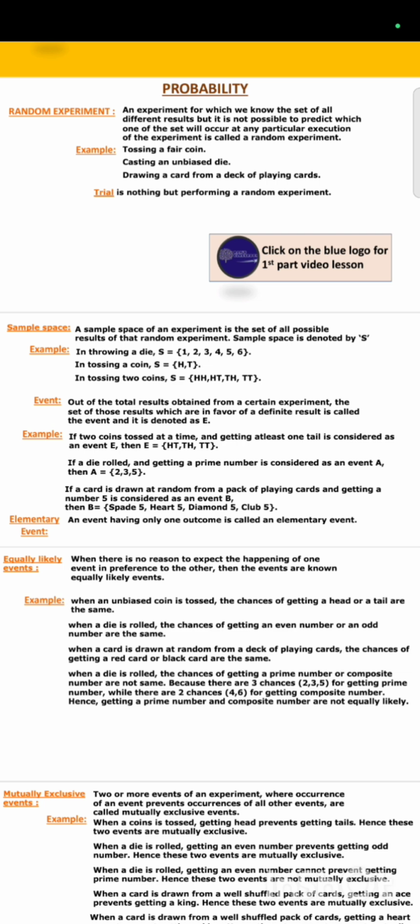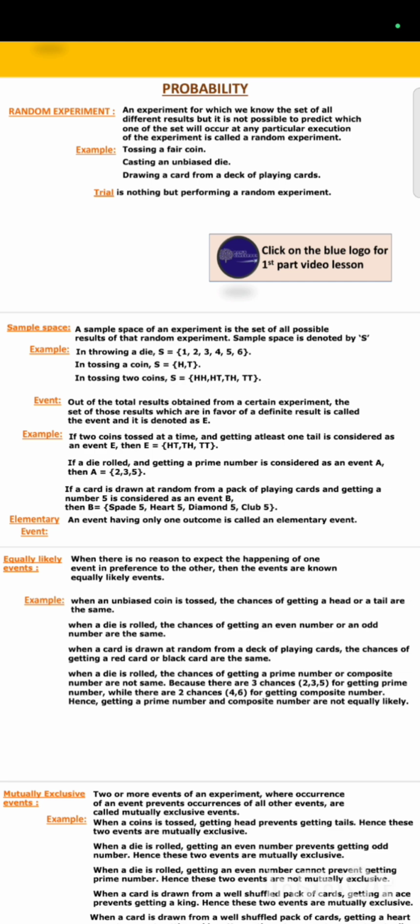The collection of all these elementary events is known as the sample space. The set of all possible elementary events or outcomes is called a sample space. When we toss a coin, the sample space is {H, T}.